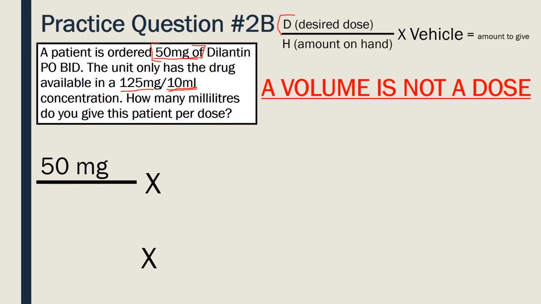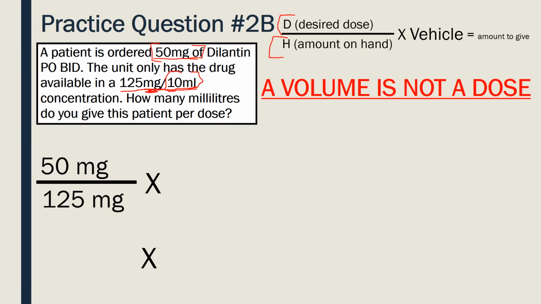So the desired dose, obviously the same as last time, is 50 milligrams. The amount we have on hand is 125 milligrams. Remember, not a volume, it's the actual dose, the weight, the amount of the medication. And then we're going to multiply that by the vehicle.